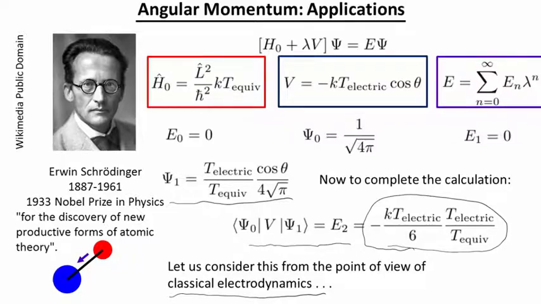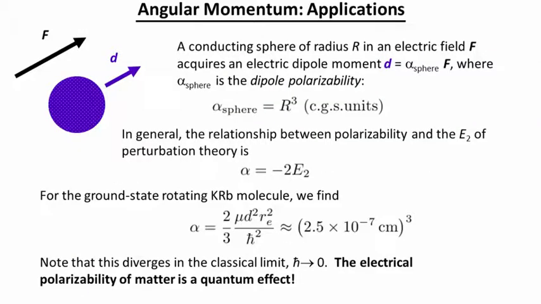So in electrostatics, you learn about the properties of material objects when they're exposed to electric or magnetic fields. One of the classic problems concerns a conducting sphere of some finite radius, which you put in an electric field, and that results in the sphere acquiring an electric dipole moment.